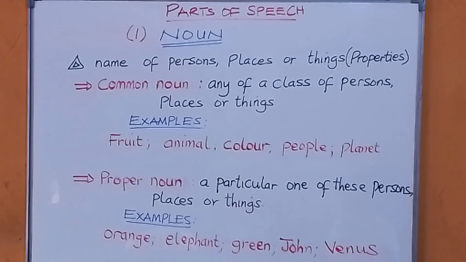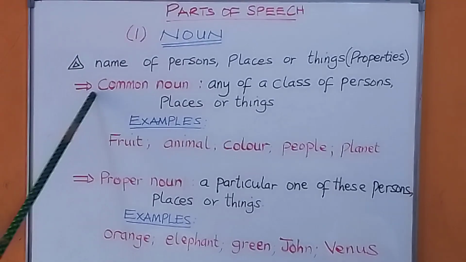Like God, you can't see God, but God is a personality. Like air, you can't see it. Beauty, that's a thing. So whether it's names of places, things, or persons, you can see them or you cannot, visible or invisible, we say they are names.